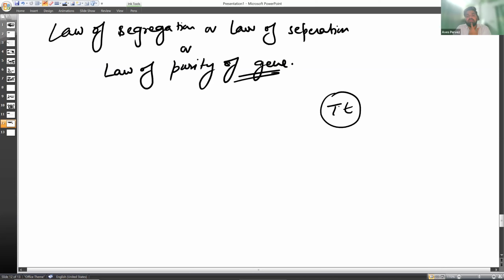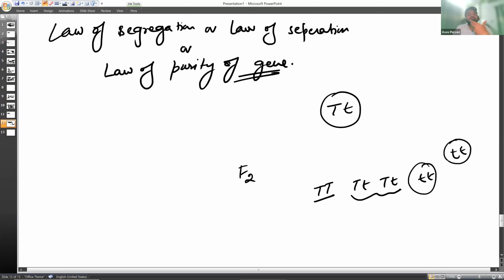In the F2 generation we have capital T capital T, capital T small t, capital T small t, and small t small t. This is tall, but this is dwarf. So they do not forget their identity. Whenever the condition is satisfied with small t, the dwarf plant is there. It does not mean that if the gene lives with capital T and small t, it will forget its identity of dwarfness. Whenever the condition is satisfied, we will have a dwarf plant.